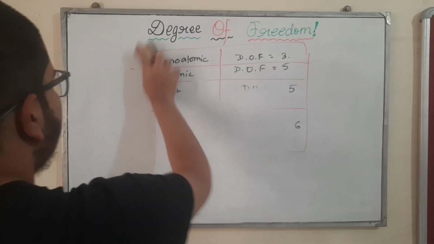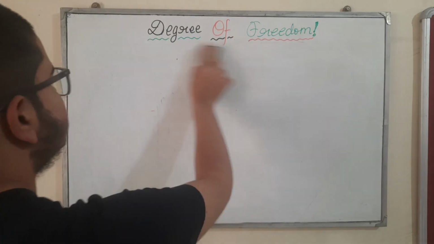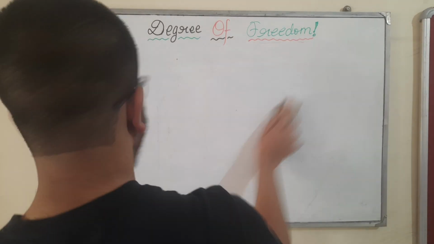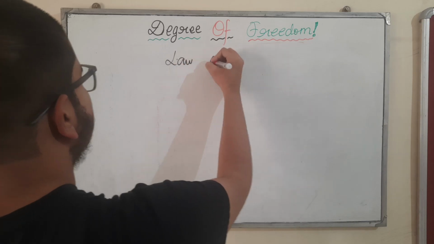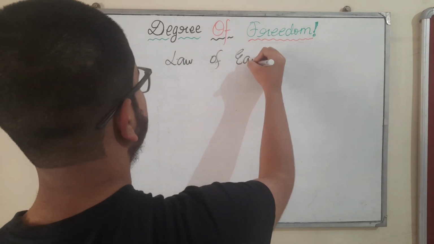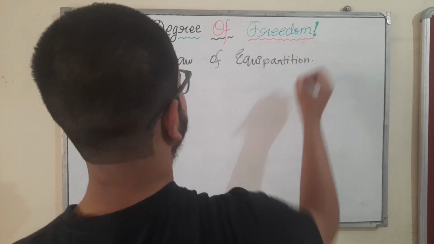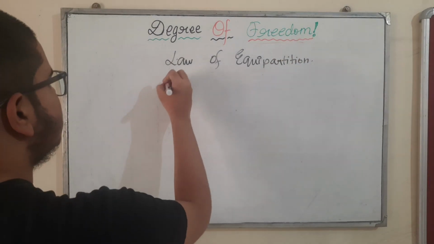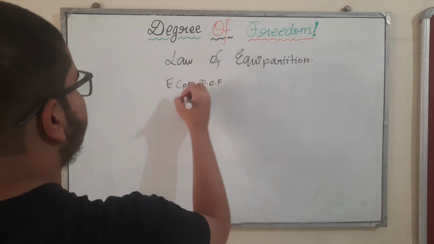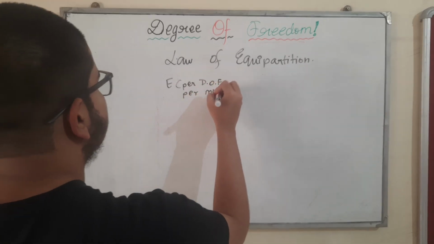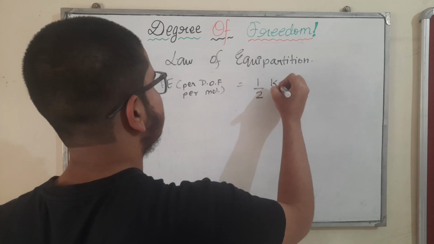So how can we represent that mathematically? We are talking about the law of equipartition. Here, energy per DOF per molecule is equal to half kBT.